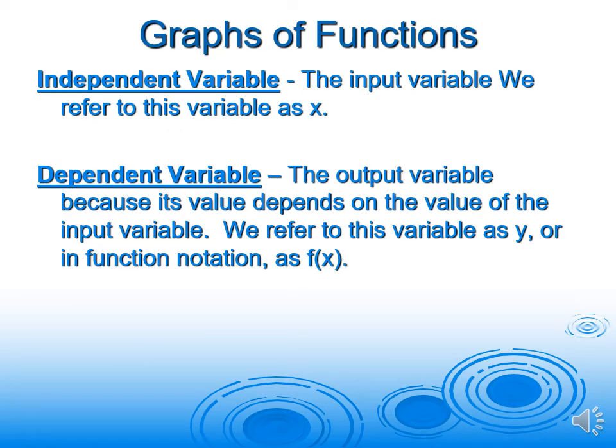Graphs of functions, instead of using domain and range, we use something called the independent and dependent variable. The independent variable is our input or our domain. The dependent variable is the output or the range. So independent is usually x and dependent is usually y.